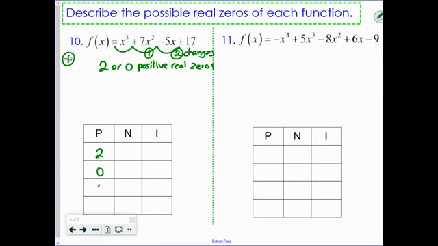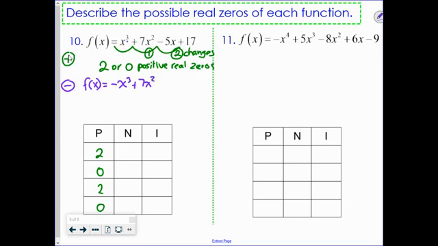So in my table, I've got 2 and 0, and maybe if I have more than one choice with the negatives, maybe I'll have to do 2 and 0 again. We'll see. Okay. Now I'm going to do the negatives. To do the negatives, I write up my polynomial again, and if it was to an odd power, I flip the front. So this would be negative x cubed. This is even, so that stays the same.